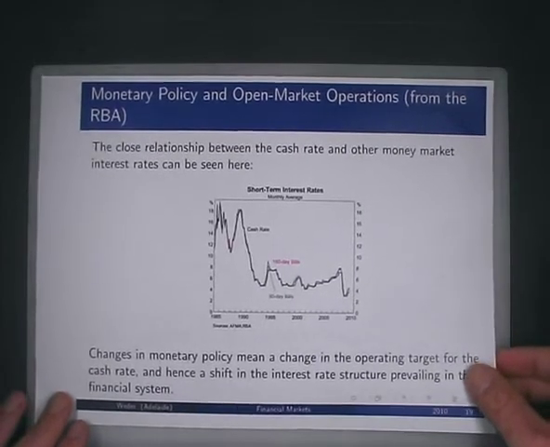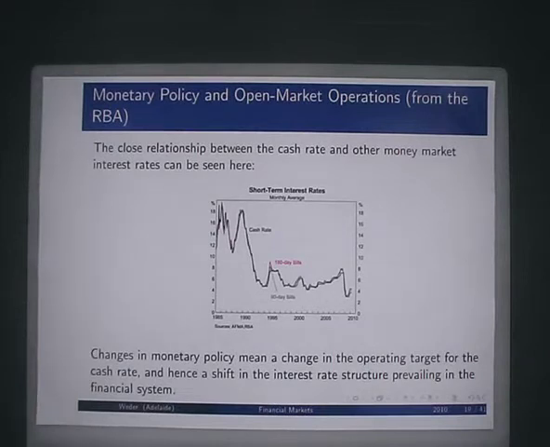Okay. So again, quickly, the central bank has a target in Australia and in other countries. The federal funds rate target in the United States is between 0 and, really, a small percent. So they basically have a tunnel where they want to stay in.